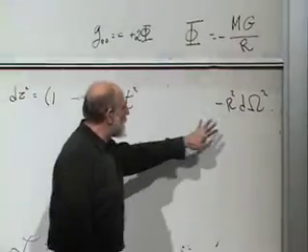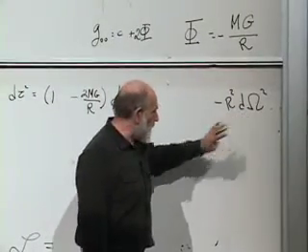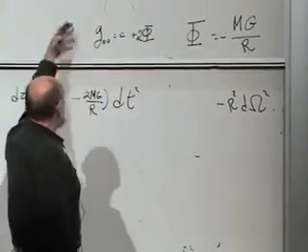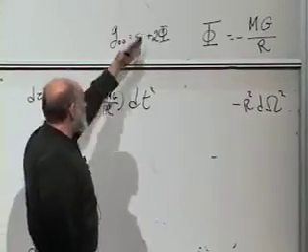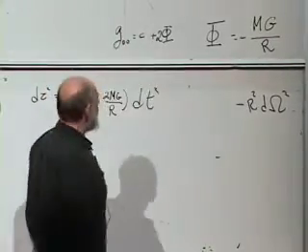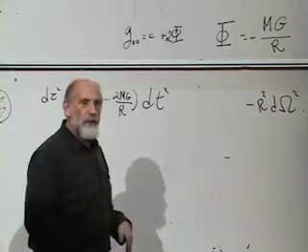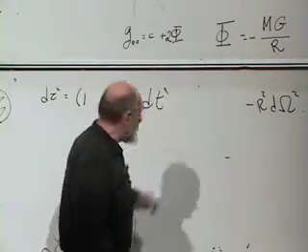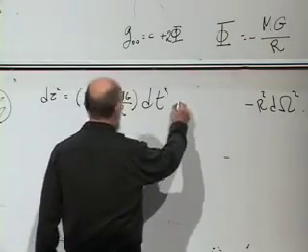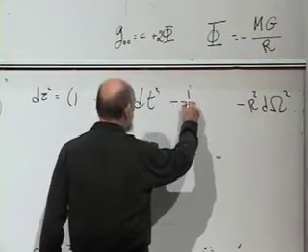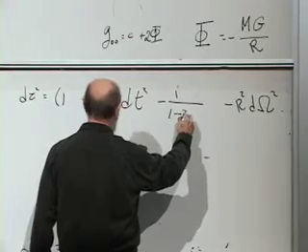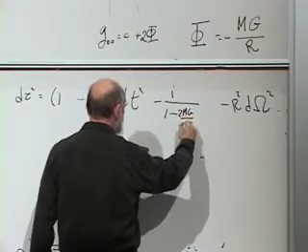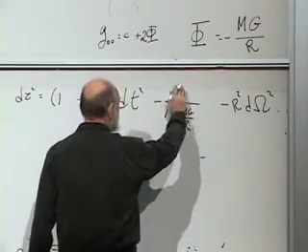It's actually not so hard to show that this one's unaffected. This one was easy. We just used the correspondence between g naught naught and 2 phi. The hard one, which requires the extra labor of solving Einstein's equations, is this: 1 divided by 1 minus 2mg over r, dr squared.